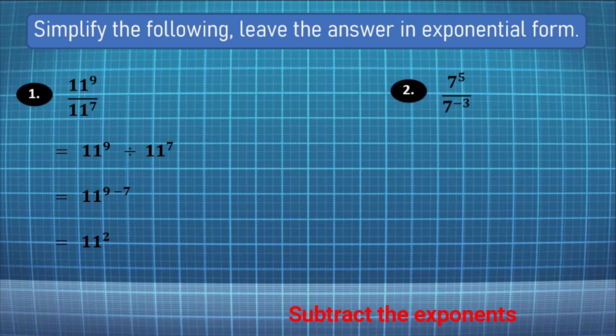In number 2, let's have 7 to the power of 5 divided by 7 to the power of negative 3. And since the bases are the same, we will still subtract the exponents. That is 5 minus negative 3. This will give us 7 to the power of 5 plus 3, and that is 7 to the power of 8.